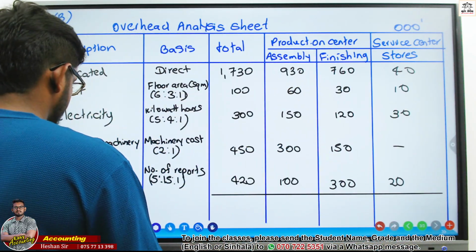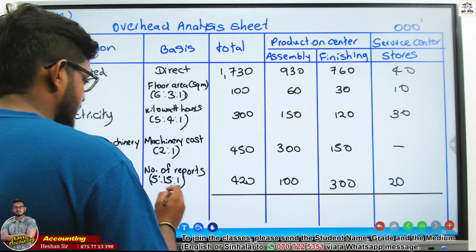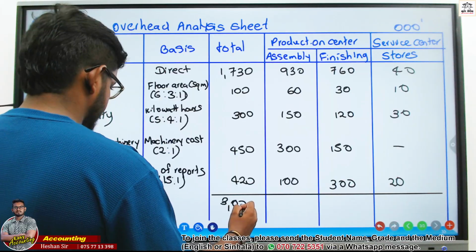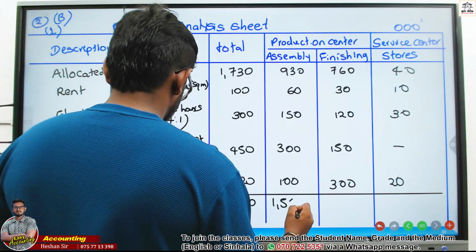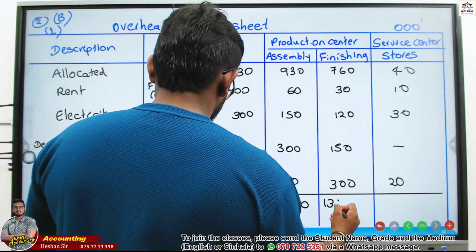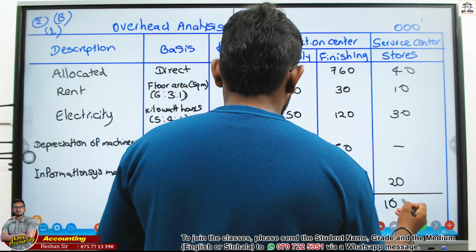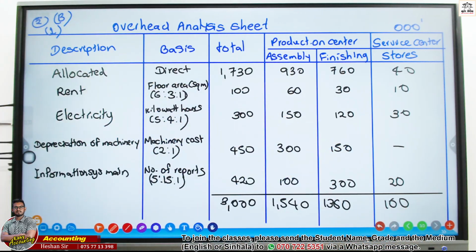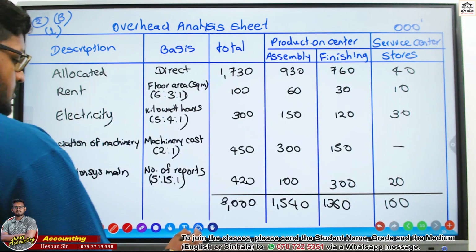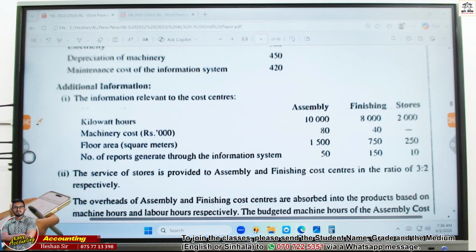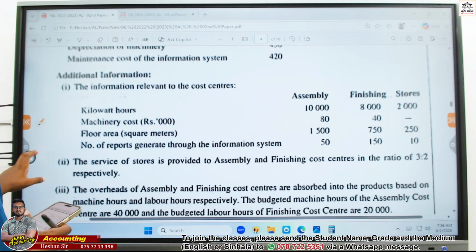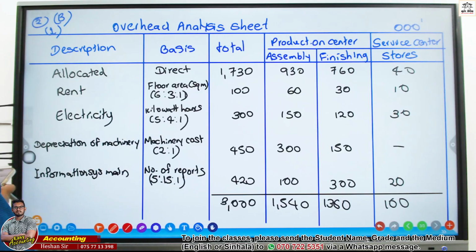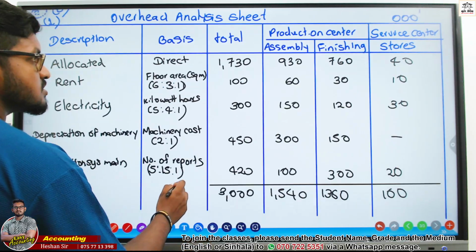Get the total in here. That is 3000, 1540, 1360, 100, right? Then that's the thing in here. Service in the ratio of 3 is to 2, right? Reapportionment of the stores.